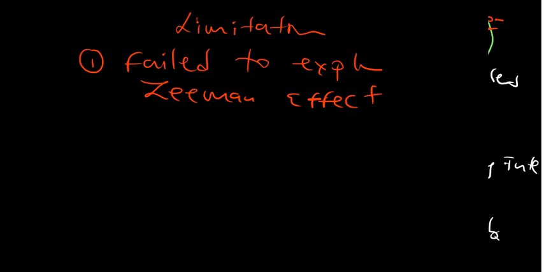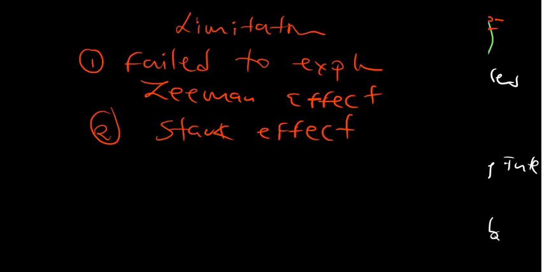So Bohr failed to explain that. His model also failed to explain the Stark effect, which is an effect of an electric field on the spectra of atoms. He couldn't explain that. And then it violates the Heisenberg uncertainty principle.